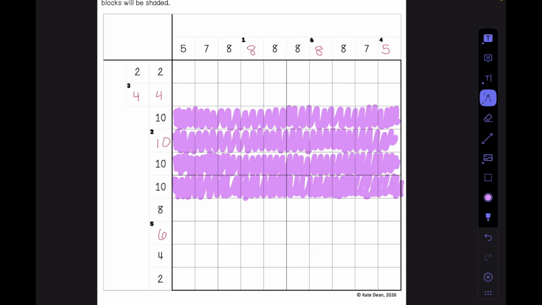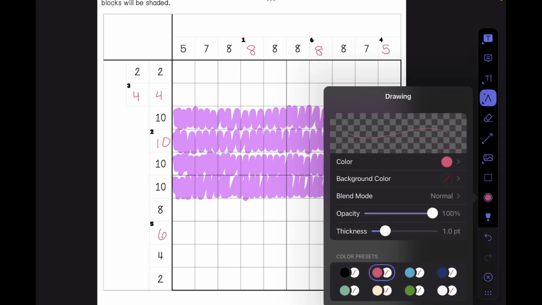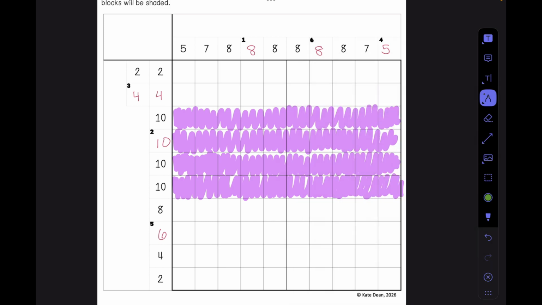And now we have to start doing a little bit of logical thinking through some of these. So let's find some of the bigger ones. We have a bunch that are 8.